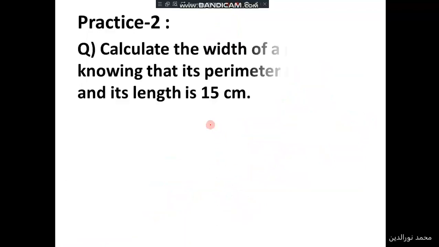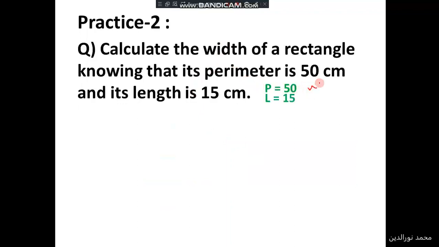And then practice 2. Calculate the width, knowing that the perimeter is 50 centimeters and its length is 15 centimeters. We put the rule: W equals half perimeter minus length.